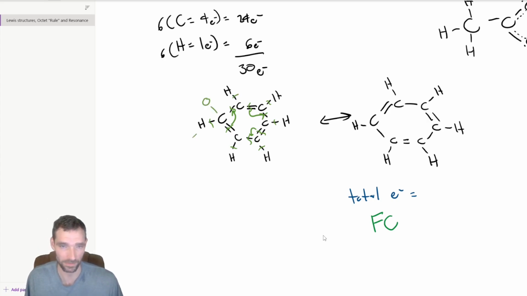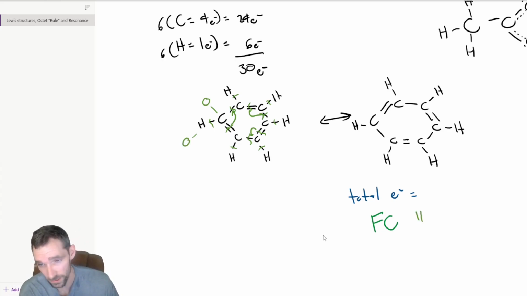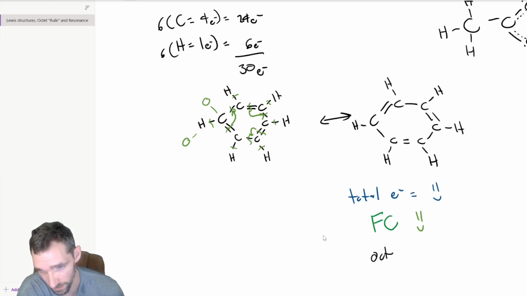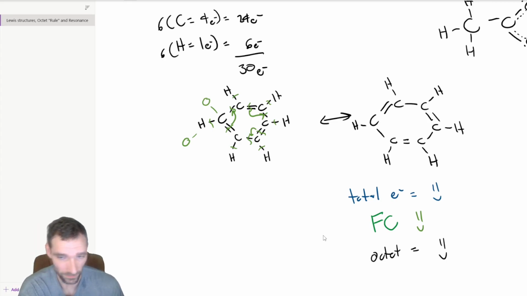The hydrogens all have access to 1, so their formal charges are all 0. So the formal charges look great. The total number of electrons also looks great. And the octet rule is being followed because 4 orbitals are involved with each carbon atom. Hydrogen does not have to follow the octet rule.